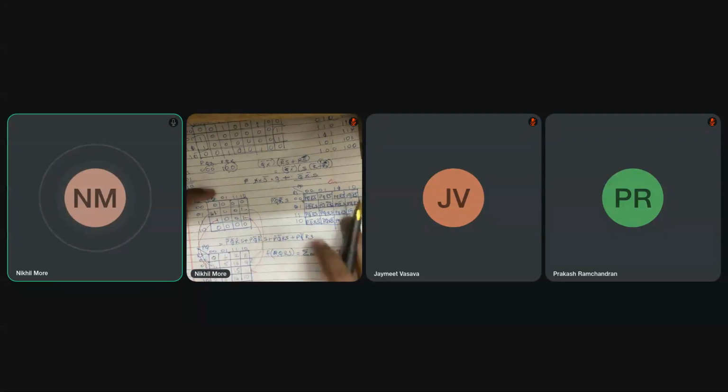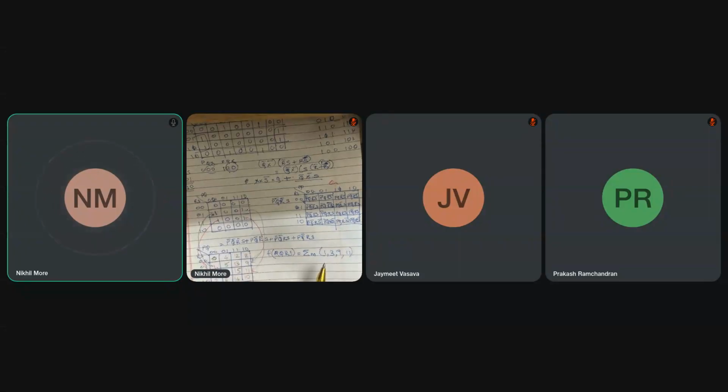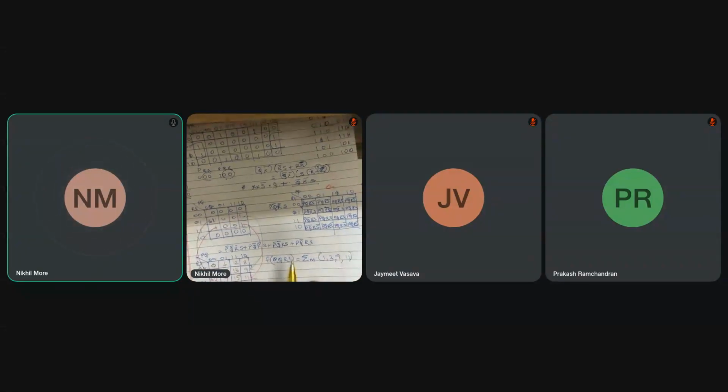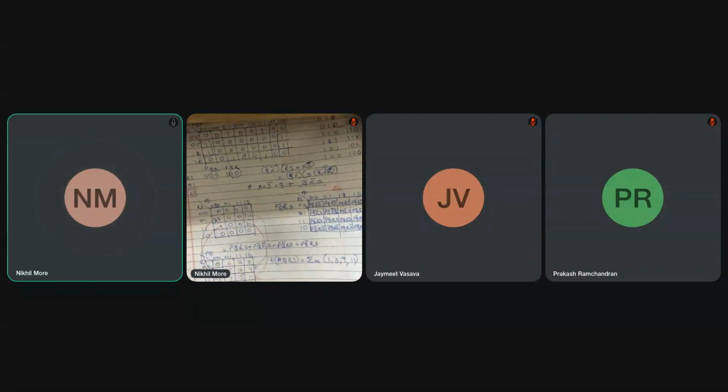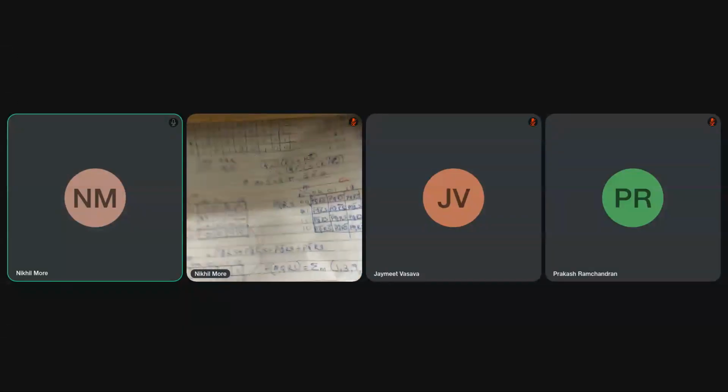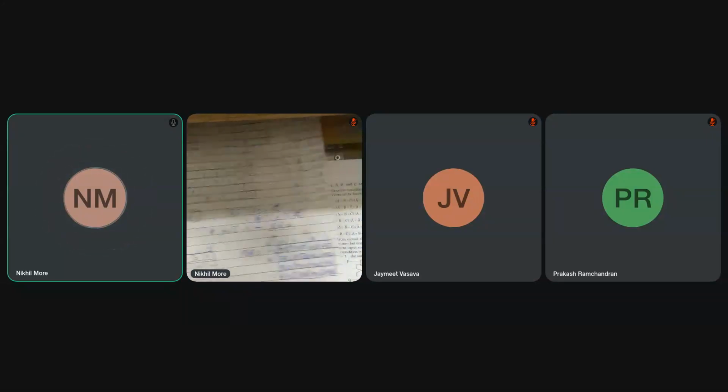So these are all the representations of the same circuit. This is how multiple representations can appear in the exam paper.